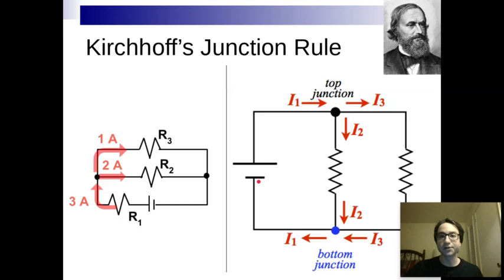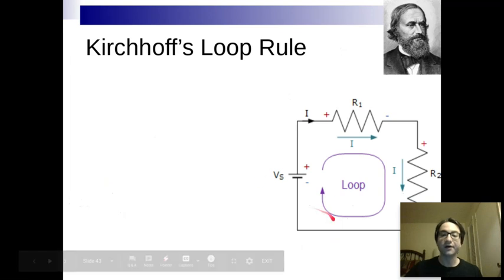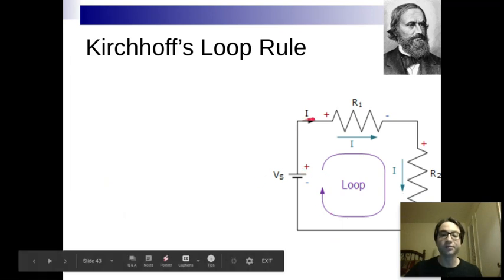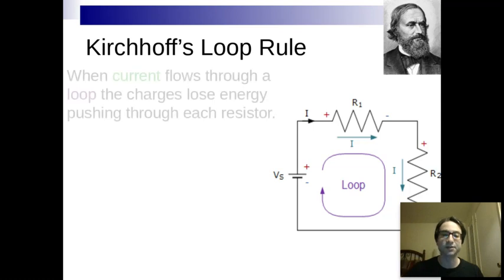One more of the Kirchhoff rules, and that has to do with voltage. It's called his loop rule. If we just consider a single loop of wire connecting one end of the battery to the other, we'll have resistors in that loop, but the loop rule says that the voltage you gain from the battery has to equal the total voltage you lose going through the resistors in that loop.